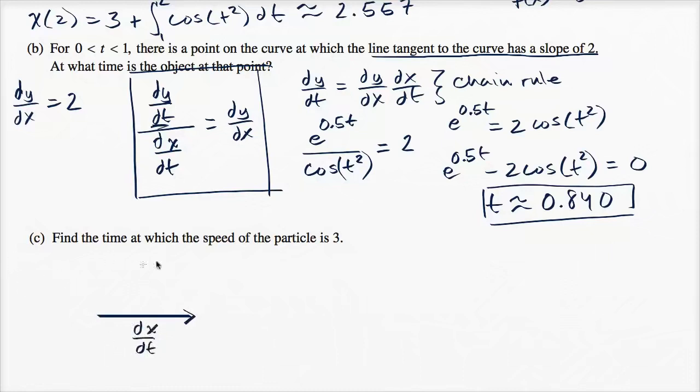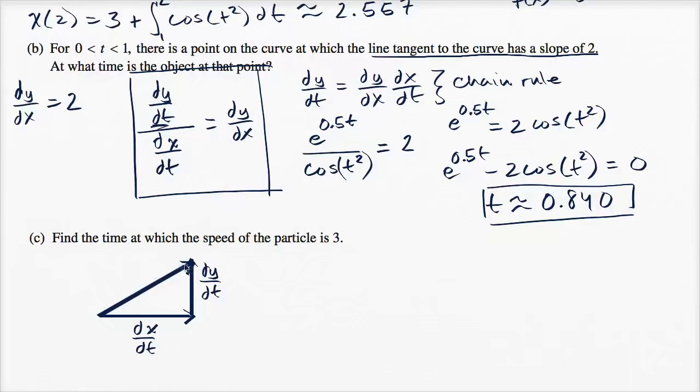And you have the y component of the velocity. Let's say it looks something like that. That is dy dt. Then the speed is going to be the magnitude of the sum of those two vectors. So the magnitude of this vector right over here is going to be the speed.